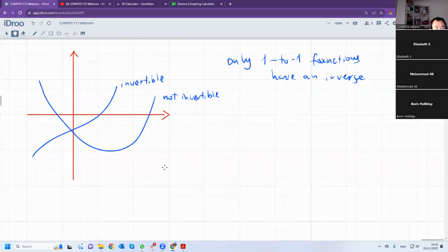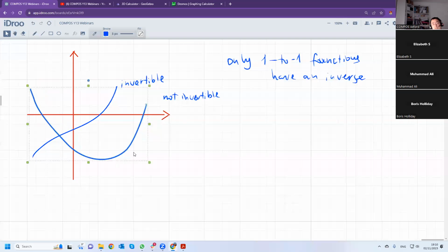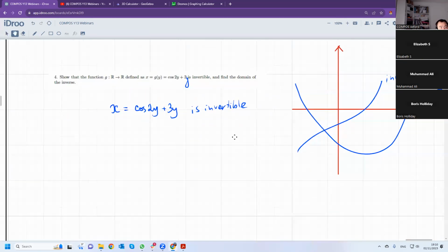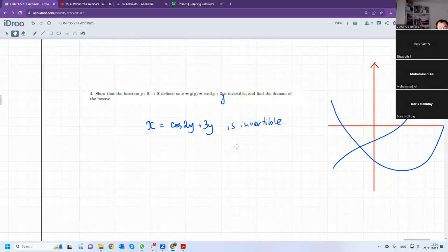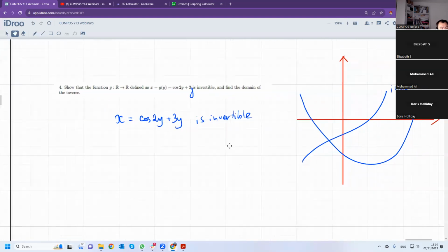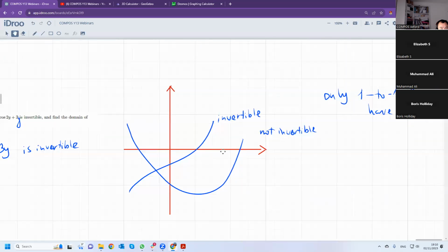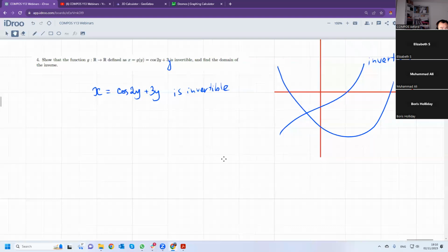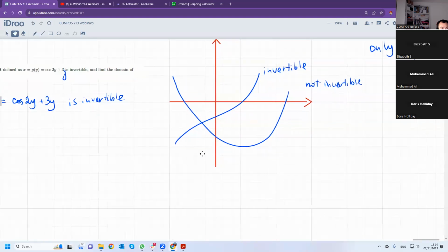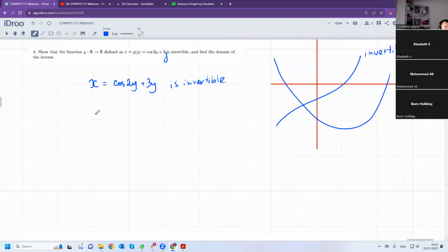So if a function is a one-to-one function, it has an inverse. If it's a many-to-one function, it doesn't have an inverse. So basically, we need to prove that this is a one-to-one function. Well, we differentiate it.